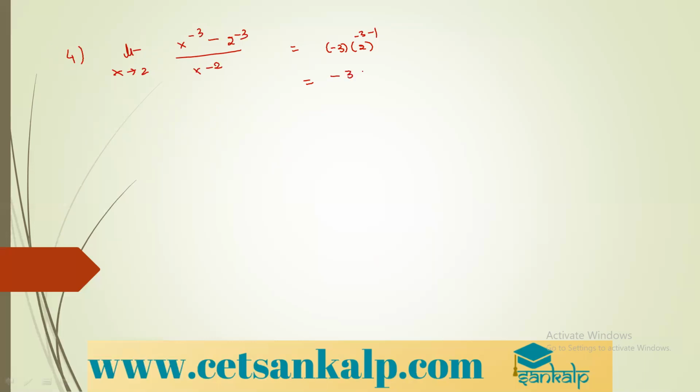That is minus 3 into 2 power minus 4, or minus 3 by 2 power 4, or minus 3 by 16. So using formula also we can sometimes get the limit.